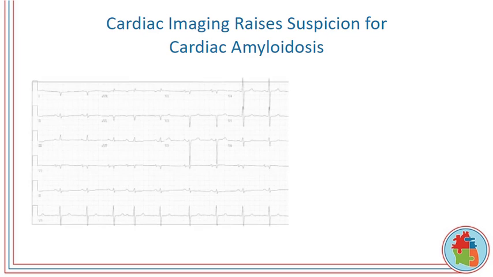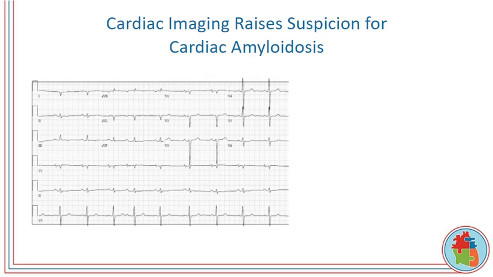With regards to raising initial suspicion for cardiac amyloidosis, there are a number of findings on electrocardiography that are classic for cardiac amyloidosis, although these generally have limited sensitivity and specificity when used in isolation. These include low voltage QRS, particularly in the limb leads, pseudoinfarct pattern, seen here in leads V1 through V3, atrioventricular block, either first, second, or third degree, and relative low QRS voltage in the setting of LV hypertrophy.